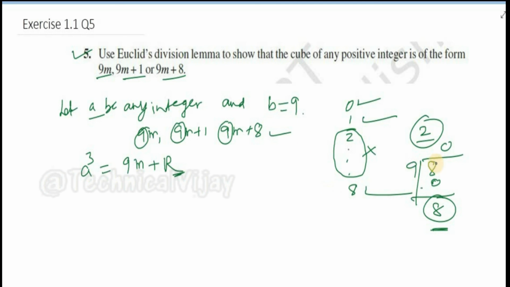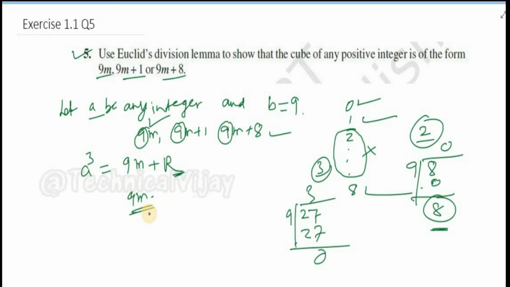In the same way, take the cube of 3, that is 27, divided by 9, 9 threes are 27, the remainder will be 0. R equal to 0 means this is 9m only. Remainder 8 means 9m plus 8.